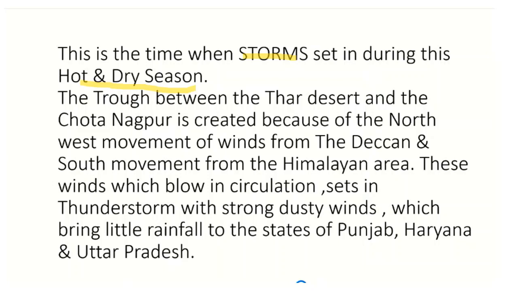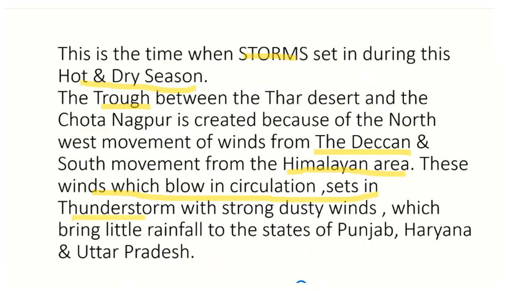The Indo-Gangetic Plain lies between the Deccan Plateau in the south and the Himalayan region in the north. So the area in between these two is a low-lying area where the trough is created. A low pressure trough is created, and hence the winds start to blow in circulation and set in.